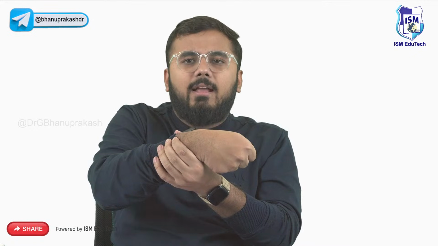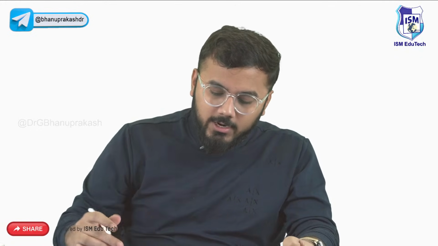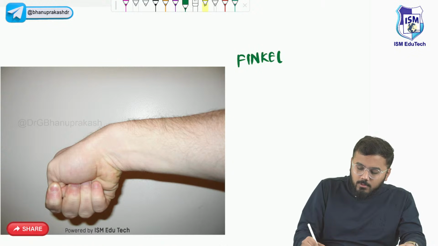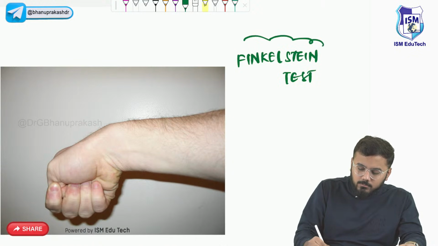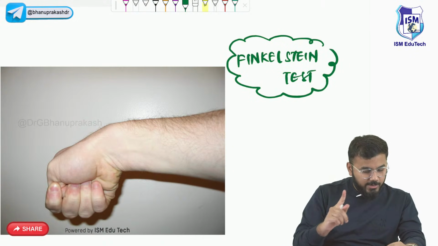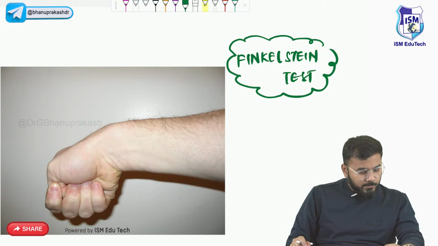If he takes it back, it means there is severe pain in this region. So this is called a positive Finkelstein test. What is this test called? Finkelstein test. Very good, Akib. Perfect, Akib. Very good.